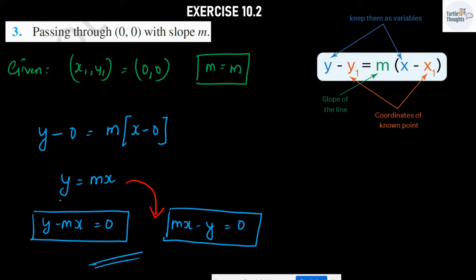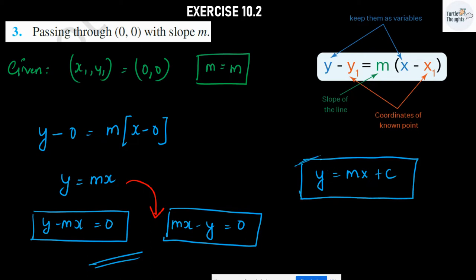Okay, sir. Because usually what is the equation of a straight line? We tell y is equal to mx plus c. This is the equation of a straight line. Okay, so usually we represent in this form. You can do it this way also, but usually conventionally it is done in this form. Okay, sir.